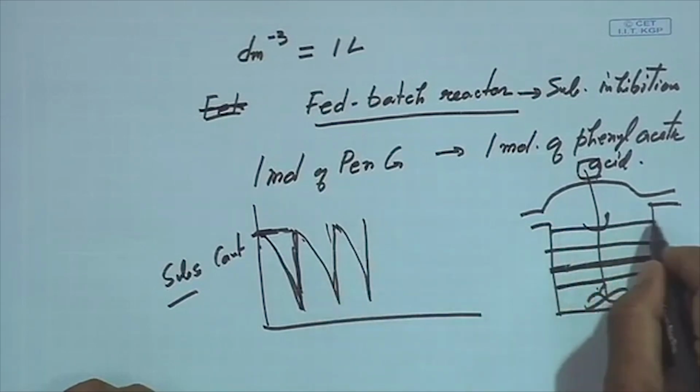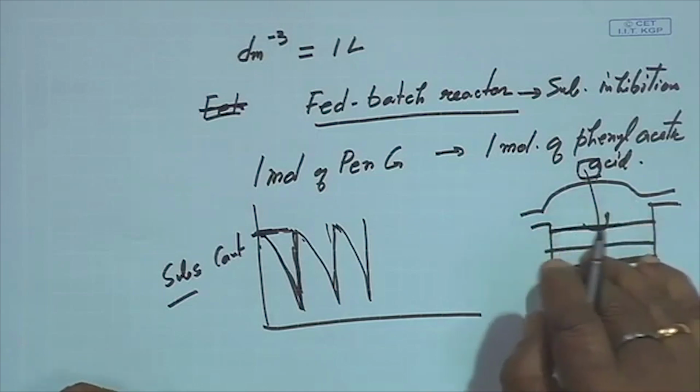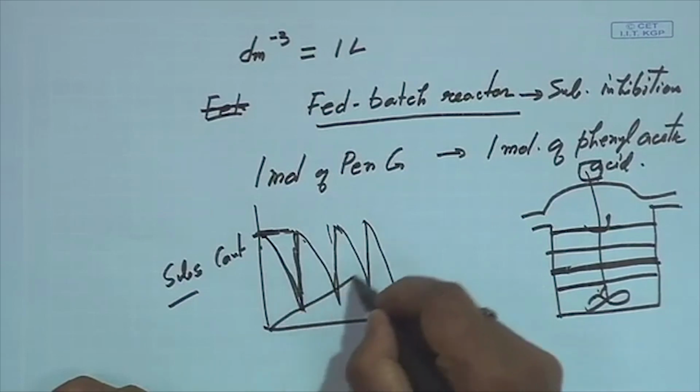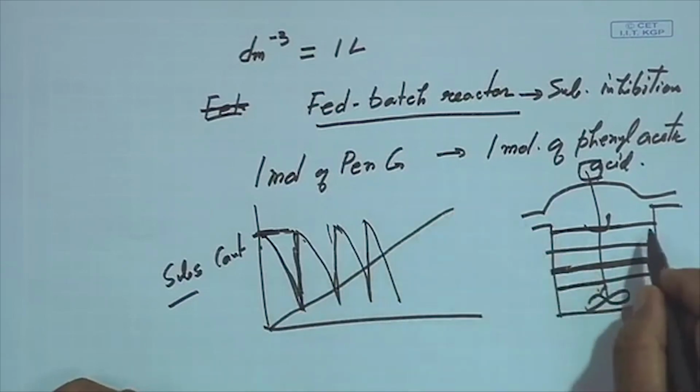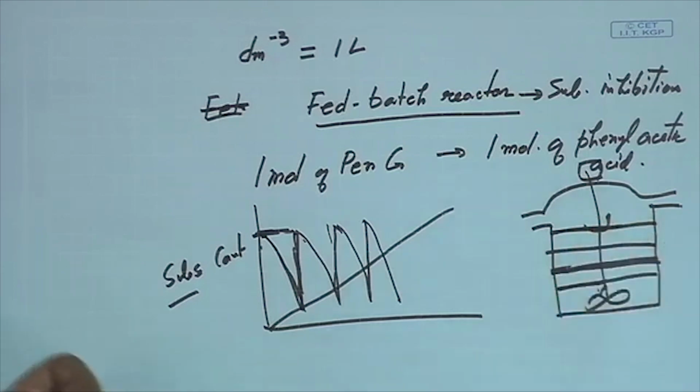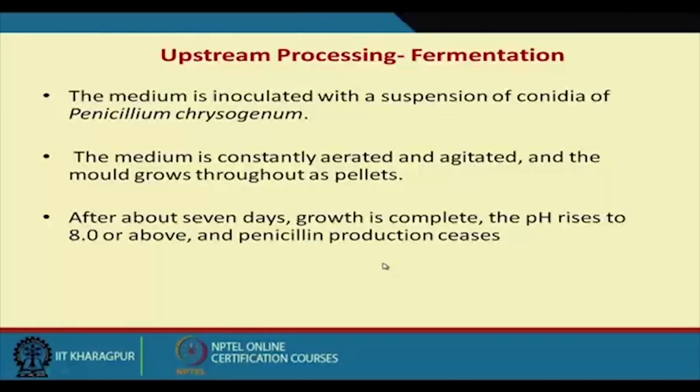Like this you come here, when it is totally filled up and your fermentation is complete, your product formation keeps on rising. Then you stop the fermentation and take out the product from the reactor. So this fed batch reactor was found most suitable for the penicillin fermentation process, because the substrate acts as the inhibitor.